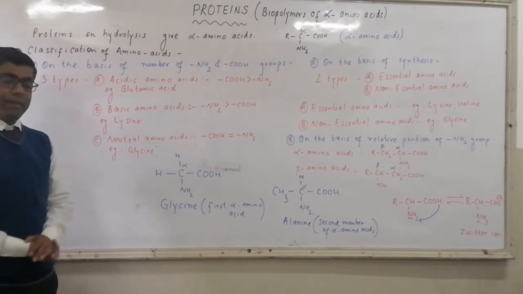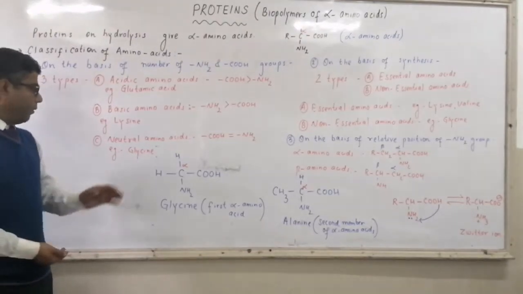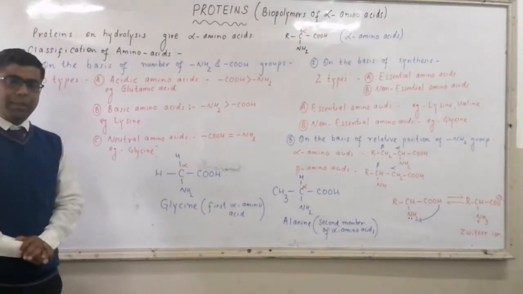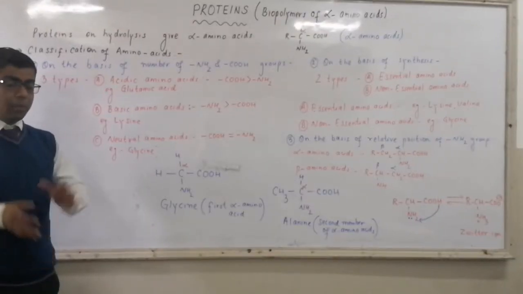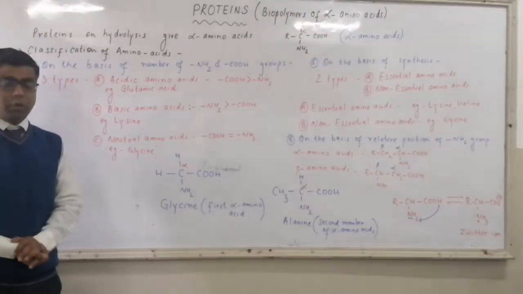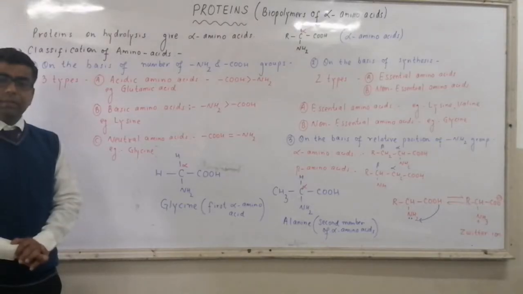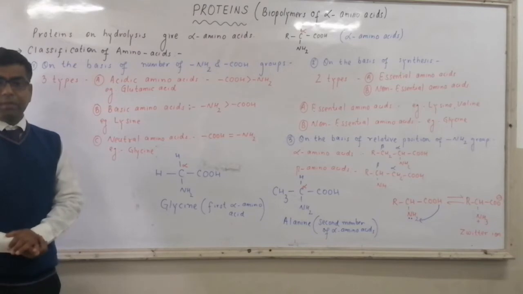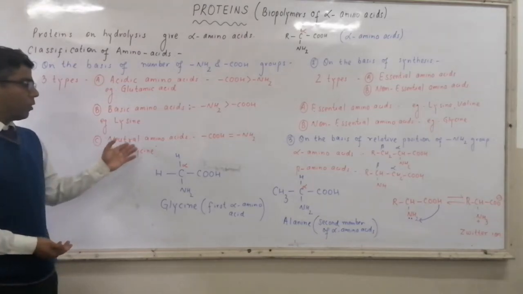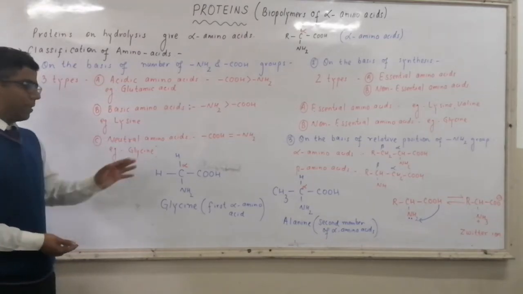Example is lysine. Then we have last type, third type, neutral amino acids. Number of acidic group will be equal to number of basic group. So it becomes neutral. Example is glycine.